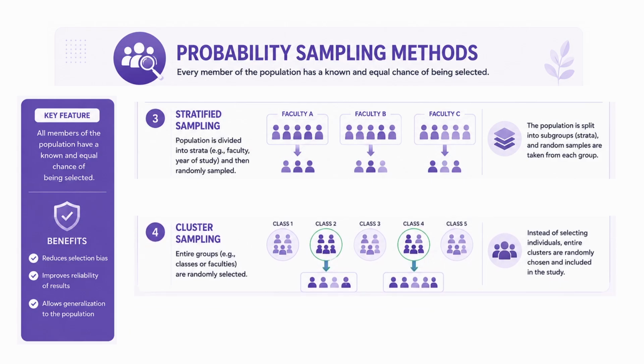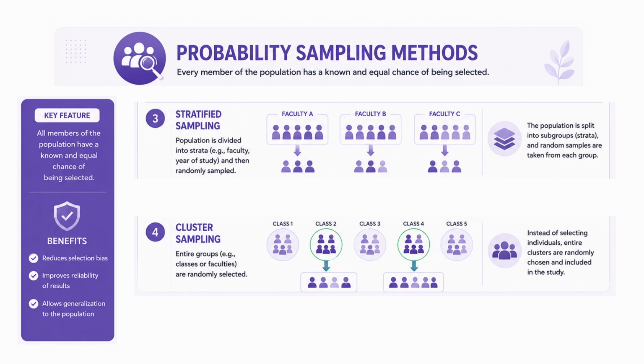Okay, cluster sampling. Entire groups or classes or faculties are selected randomly. Understand? Instead of selecting individuals, entire clusters are randomly chosen and included in the study. So there are different clusters, like different schools in a city. If there are 5 schools in a city, you select 2 schools randomly, school 2 and school 4.